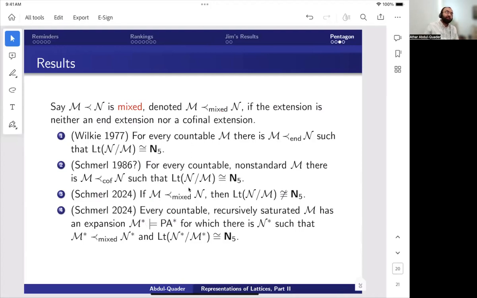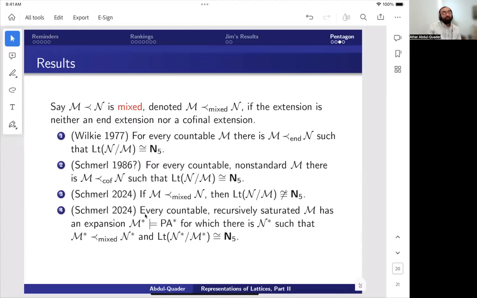And so you can apply this to the pentagon to show that there is a cofinal extension that realizes a pentagon. And then in this recent paper, Jim showed that the pentagon lattice cannot be realized as a mixed extension, and that ruled out that other case.